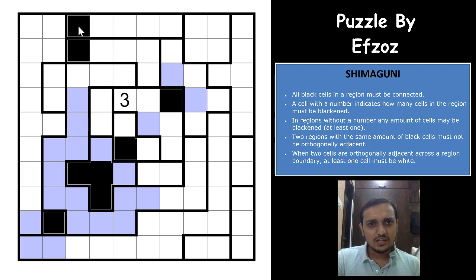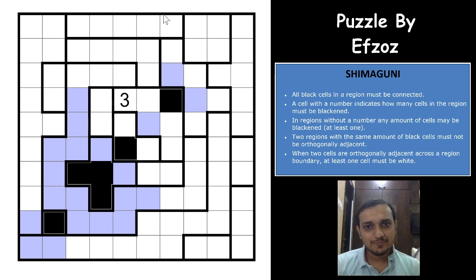So which means that one of these two cells will have to be shaded. Both cannot be shaded according to the rule. So one shaded cell, 2 shaded cells, 3 shaded cells, 4 shaded cells, and both of these shaded cells can be counted, which sums to 6 shaded cells, right? Excellent. And which means that a minimum of 5 cells would have to be shaded.